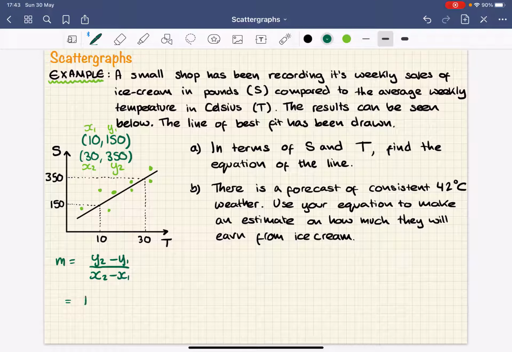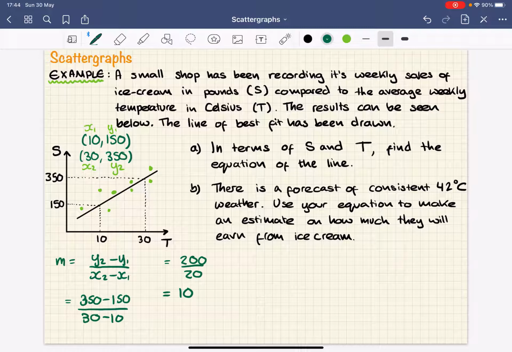So it's going to be 350 minus 150 all over 30 take away 10. That's going to be 200 over 20, which gives me a final answer for my gradient of 10.